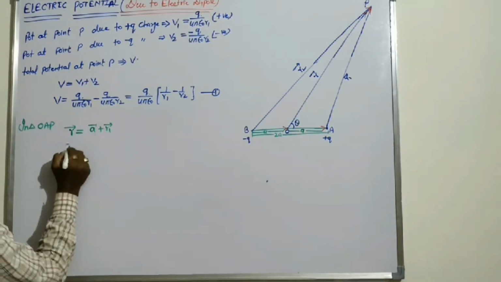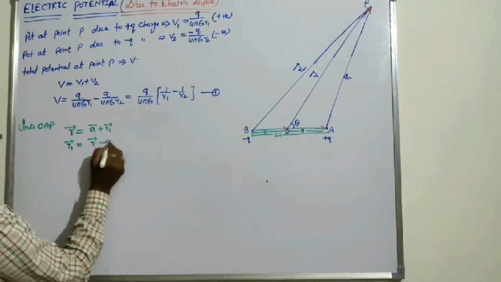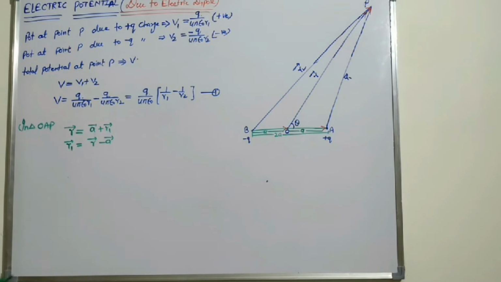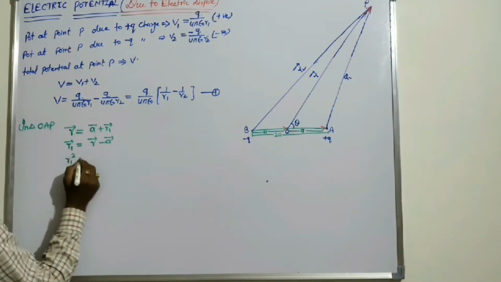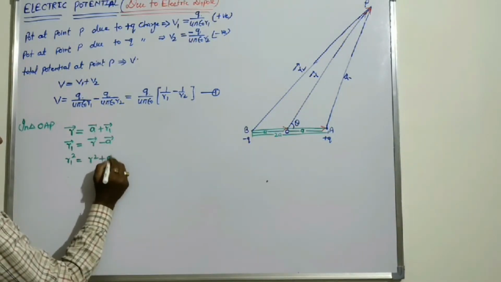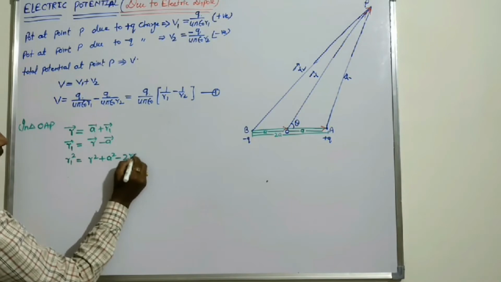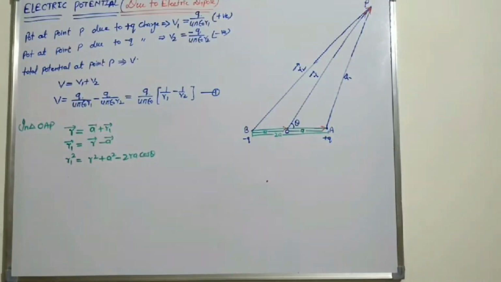That's why we can write here R1 is equals to R vector minus A vector. Okay. So R1 square equals to R square plus A square minus 2RA cos theta. Clear that?